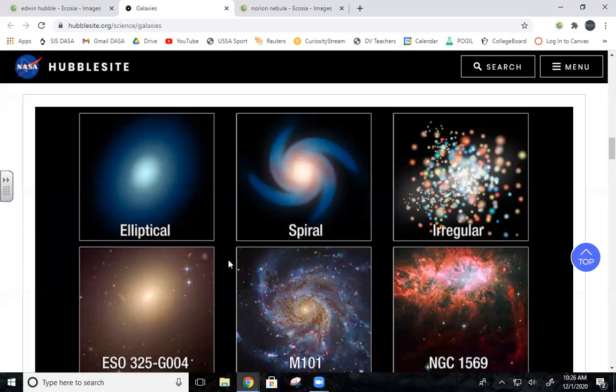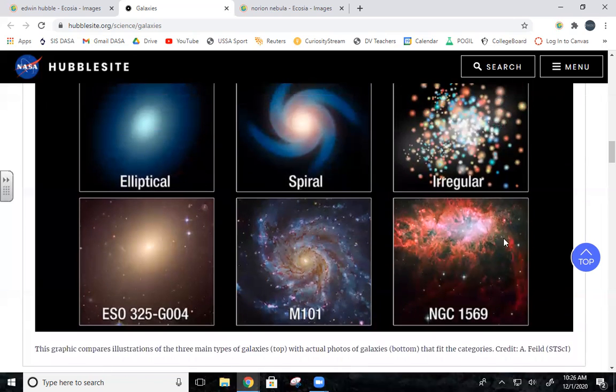Yeah, Cameron? All right. So three major types: elliptical, spiral, and irregular. There's also kind of subcategories. The most important one is a barred spiral galaxy, which looks like this.